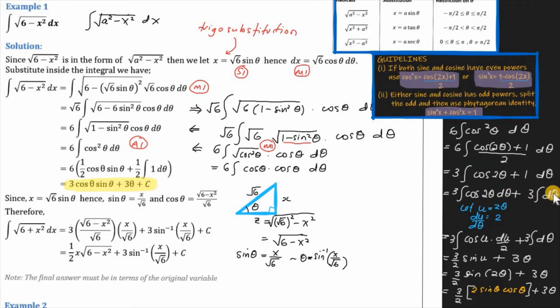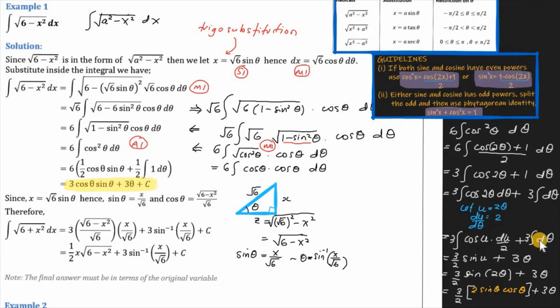Basically you can integrate term by term, but for this one, to be able to read from our formula list, we need to simplify as a single variable. So we said use substitution, u as 2 theta, du on d theta is 2, so we replace d theta, du on 2, then we have a single cosine u.